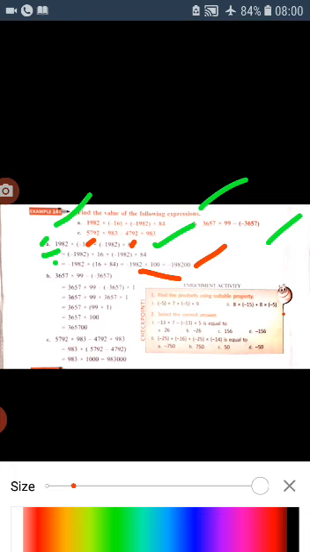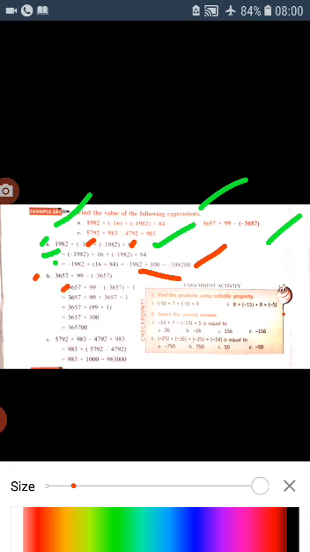Now see the sum B. This is also the 87 method of the before sums. 3657 into 99, so minus into minus 3657.